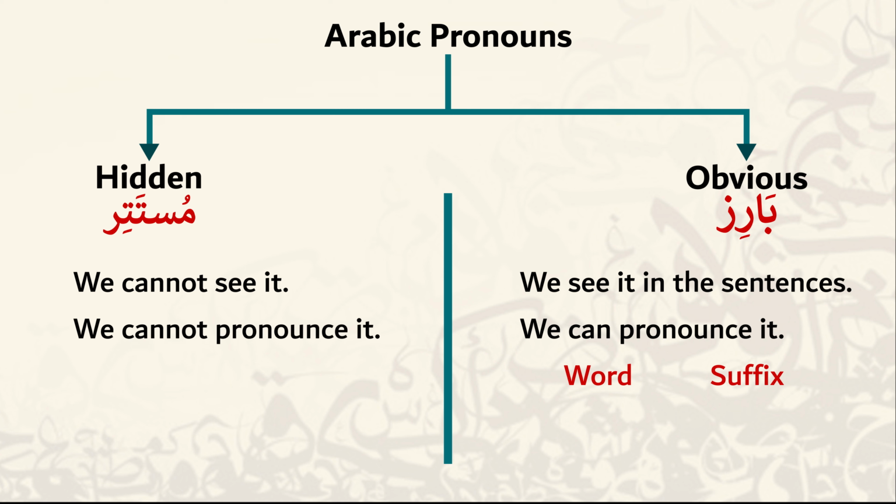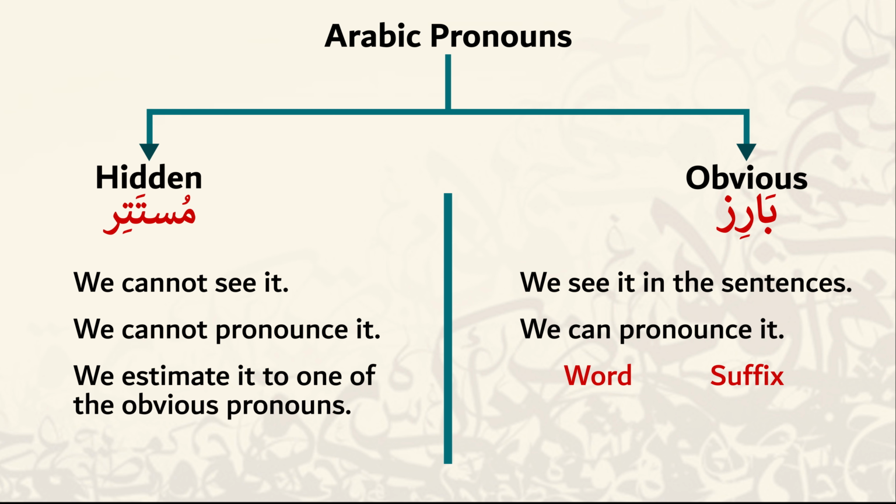But if I cannot see it in the sentence, how can I know it exists? We know it is there from the context of the sentence, and we can even estimate it to one of the obvious pronouns. This is the first level of Arabic pronouns classification, based on obviousness.